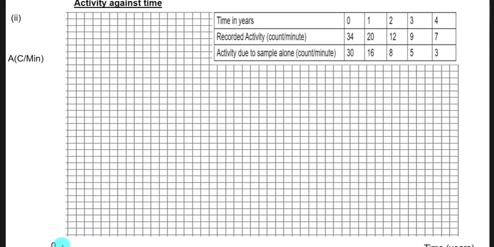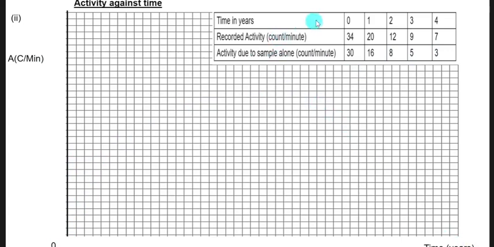Alright, so now after that you start drawing the lines to demarcate so that you see how it is going to move. Now the next step, guys, is very cardinal. You need to make sure that these values which you are plotting, time and the activity, fit on the vertical and horizontal axis.